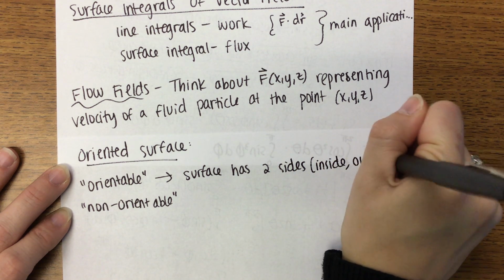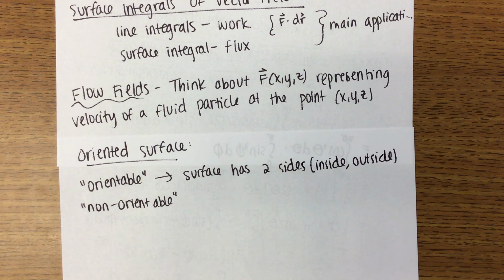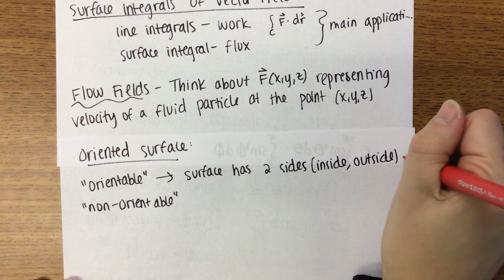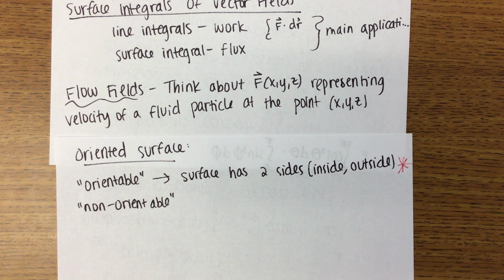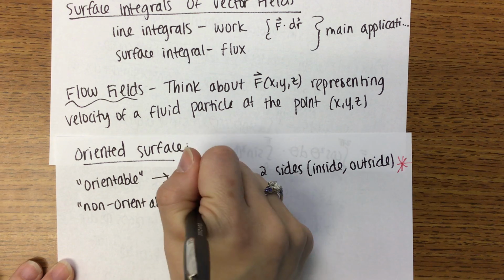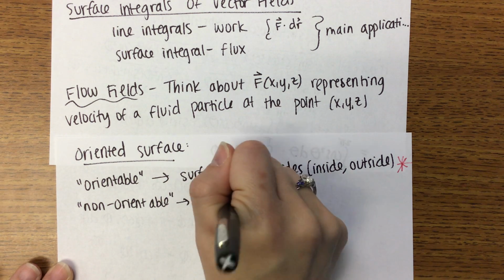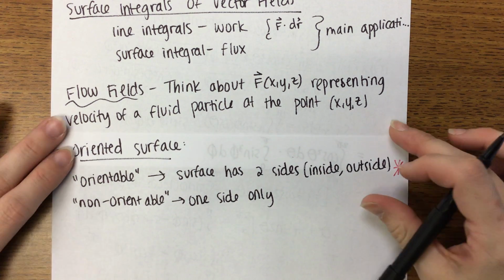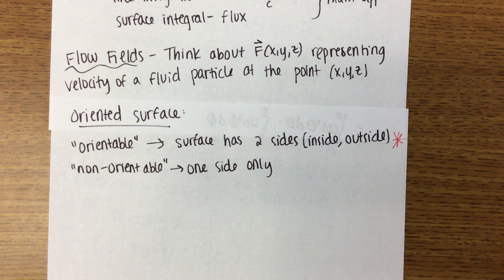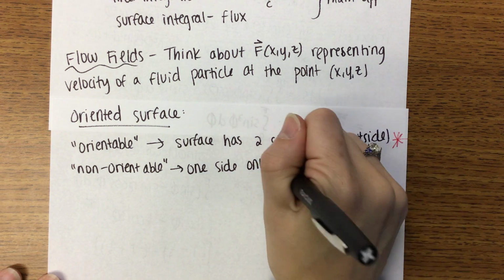So generally one is called the inside and one is called the outside. This is what we are going to do in this class. We are not going to deal with non-orientable surfaces. A non-orientable surface, though, has only one side. Can you guys think of a surface that only has one side? Yeah, a Mobius strip.